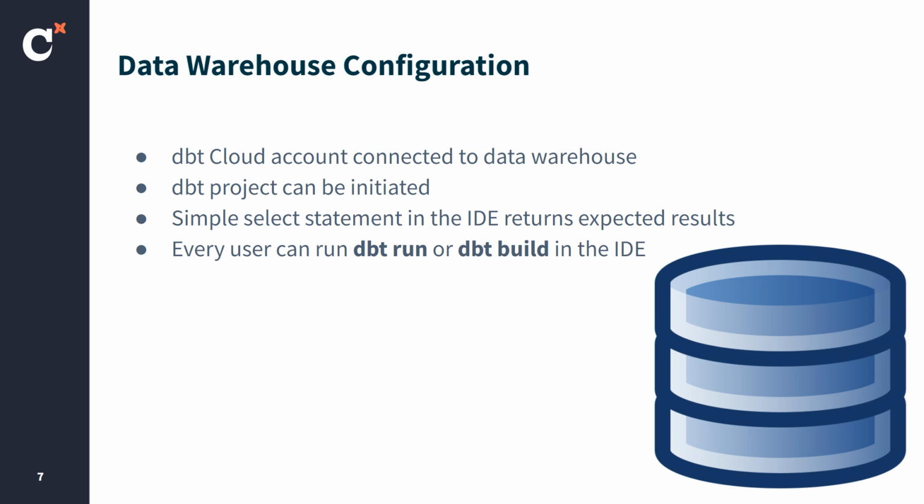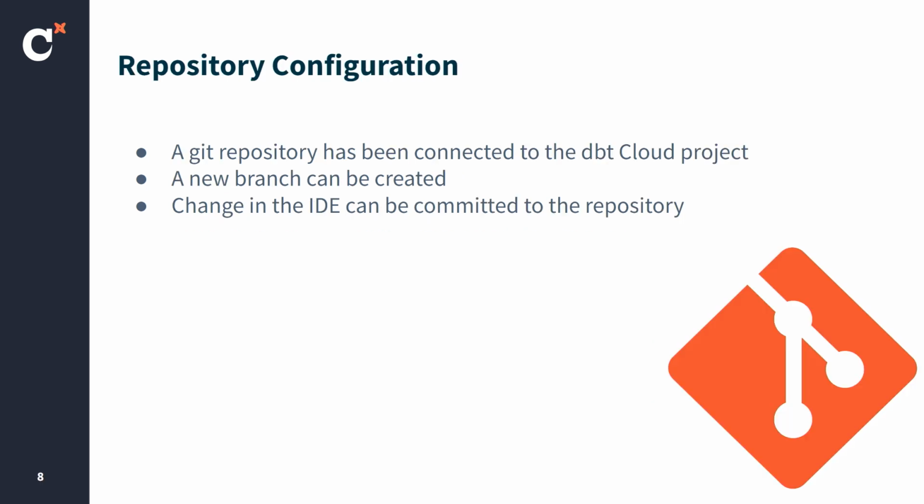Something like a DBT build or a DBT run will let you know that you have successfully connected to your data warehouse. The next thing in onboarding is we want to make sure that your repository is also connected, whether that be GitHub, GitLab, Azure DevOps, or some other repository.